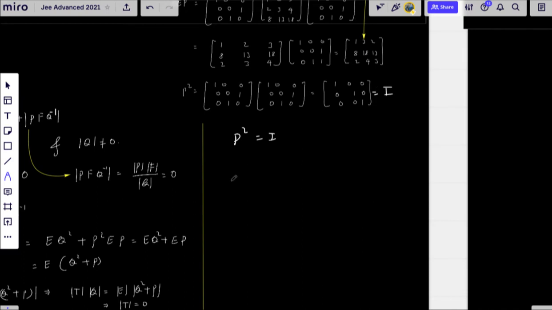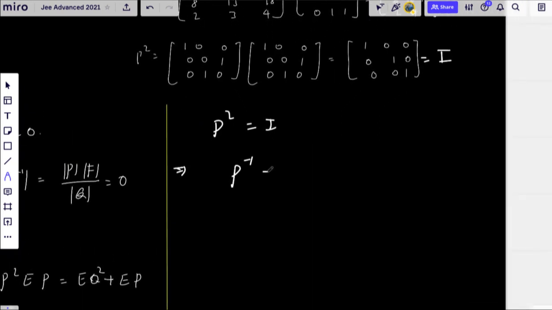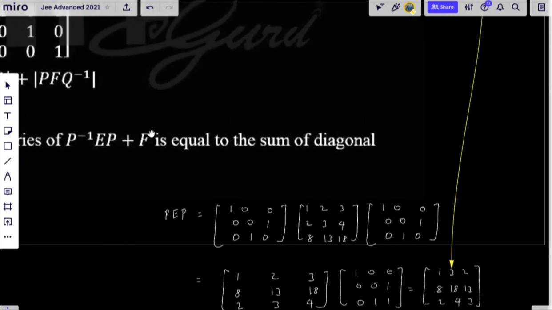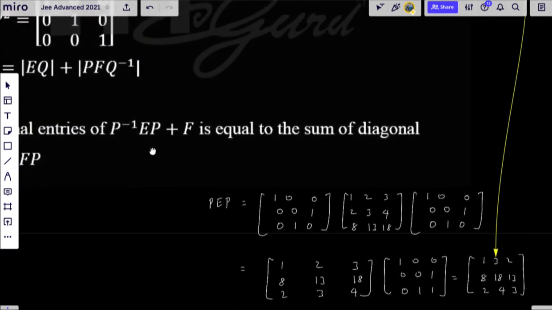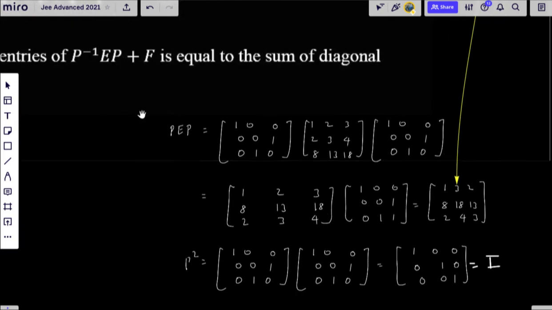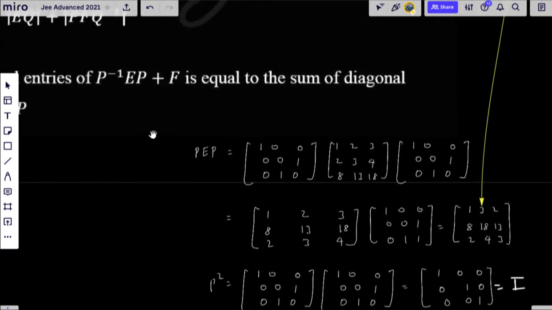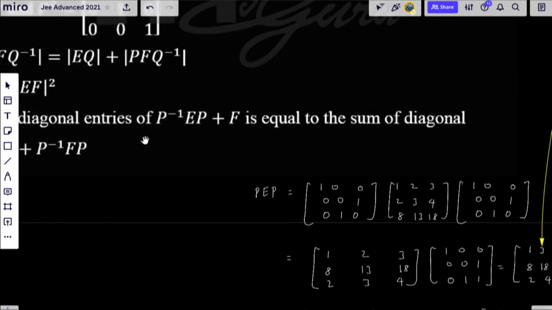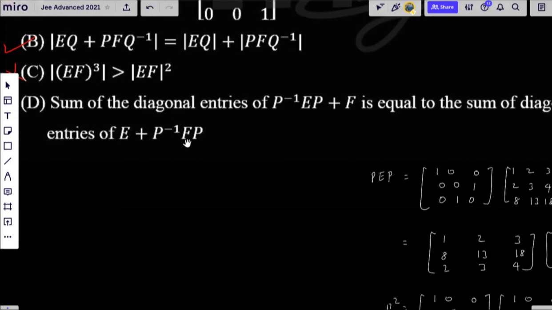So this implies that P inverse is equal to P. Clear? So we have to find P inverse of EP, that is P inverse EP plus P inverse FP. So let's see over here.